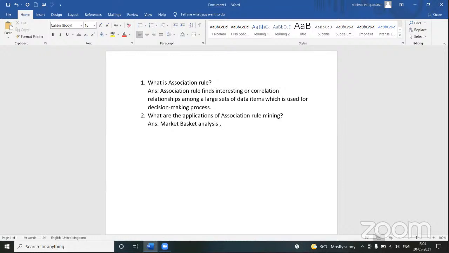Next, cross marketing. Cross marketing means two or three companies or brands come together to improve their brand. Next, catalog design.